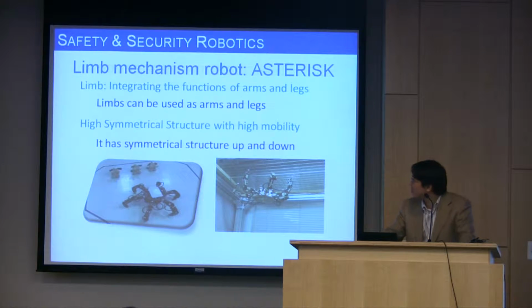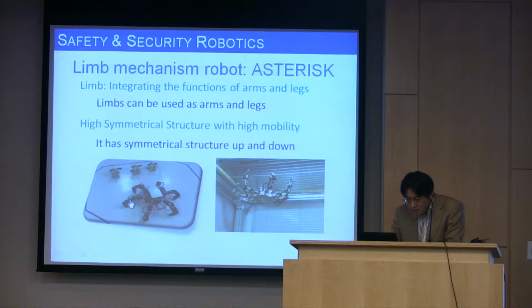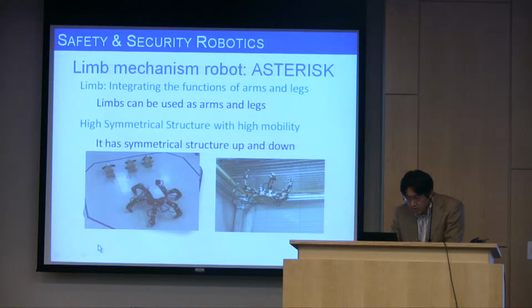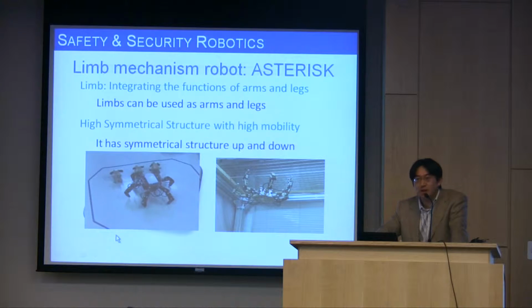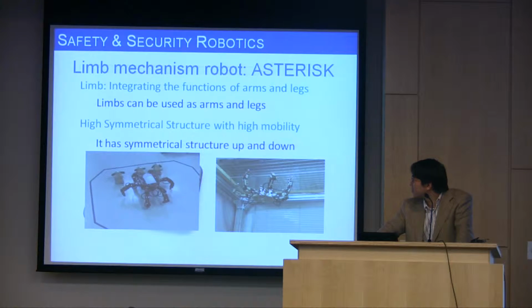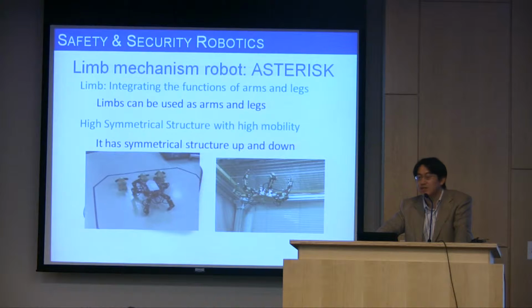This is an example of manipulation by the robot. It has 6 limbs, and it can find an object and use the limbs like arms, grasping with 2 limbs.